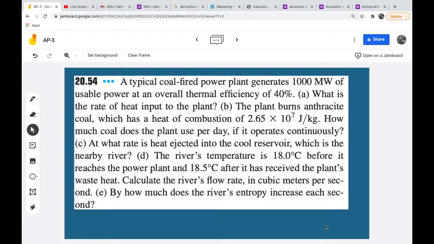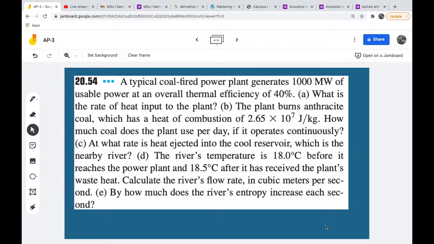Typically, an environmental activist will sit and do these kind of calculations. The calculations are put over here. A typical coal-fired power plant generates 1000 megawatt of usable power at an overall thermal efficiency of 40%.